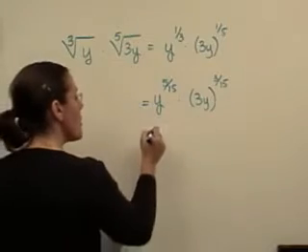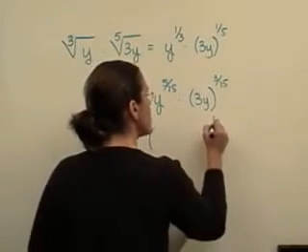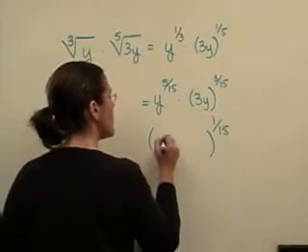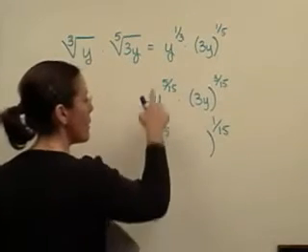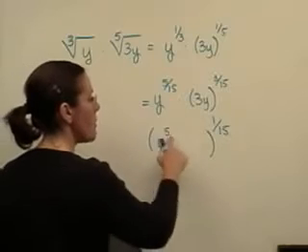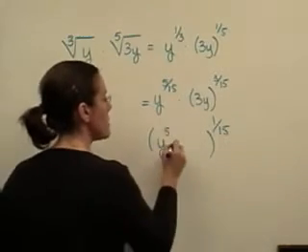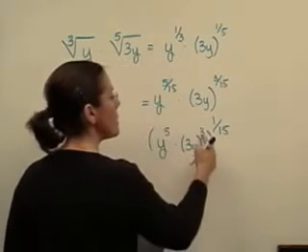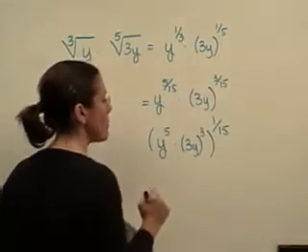And then finally I'm going to think about getting this whole expression raised to the 1/15 power. And so in order to do that, I need to take this y and raise it to the 5th power, its numerator, because 5 times 1/15 is 5/15. And the 3y needs to be raised to the 3rd power, because 3 times 1/15 will give me 3/15.